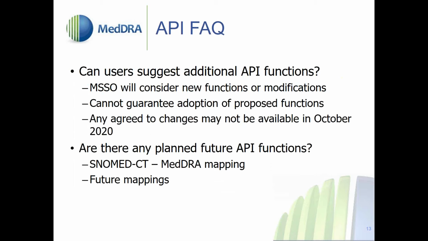The upshot is that it is expected to improve health outcomes by being able to link the two terminologies. So when that mapping becomes final, which is expected towards the end of this year, we will begin to build an API that focuses on that mapping. And then any additional mappings that come about through engagements with other organizations, other terminologies, we will go ahead and build APIs for those mappings.